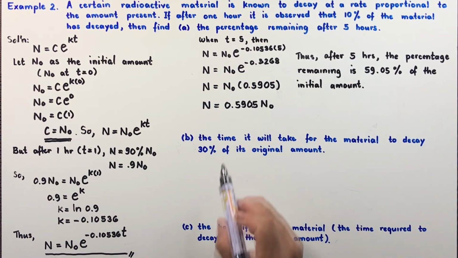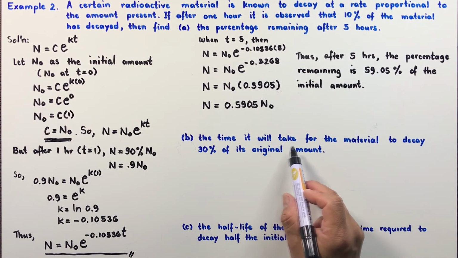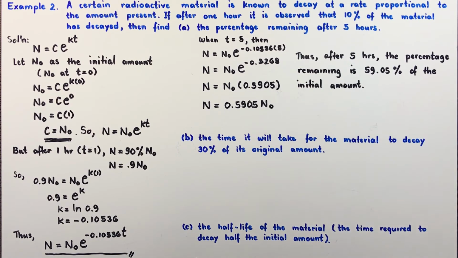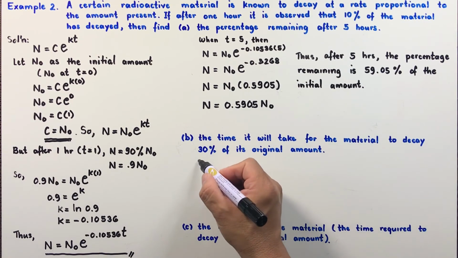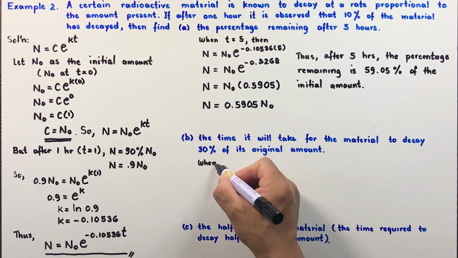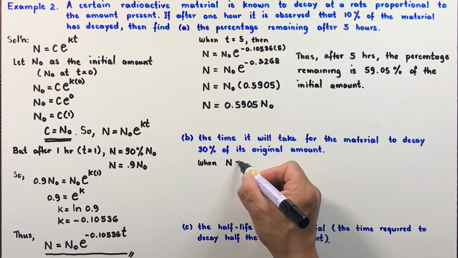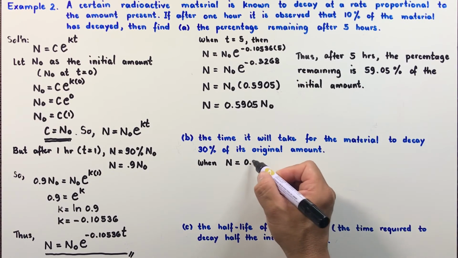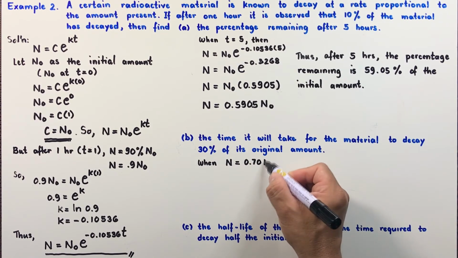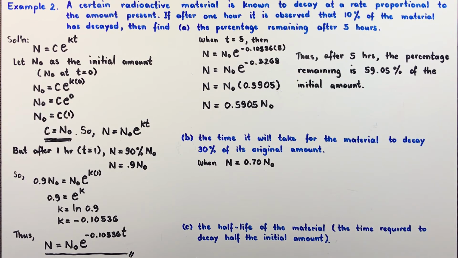And finding the time that it will take for the material to decay 30% of its original amount, we write mathematically that our N is equal to 0.70 of the initial quantity because it has decayed 30%. So what is remaining is 70% of the initial amount.